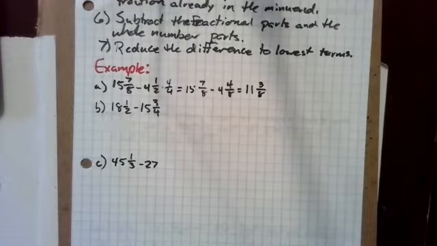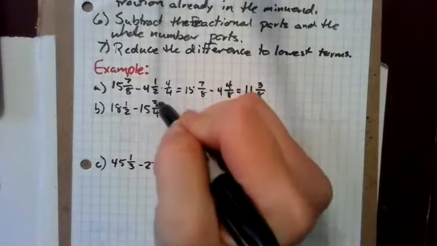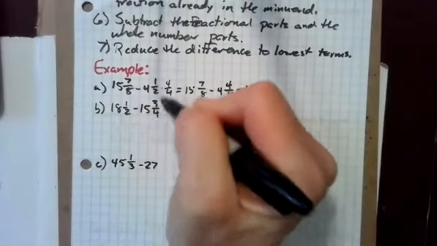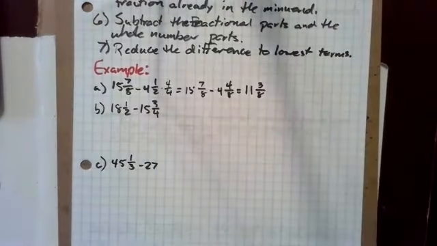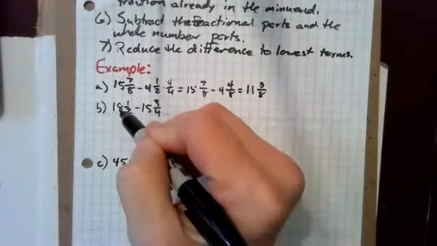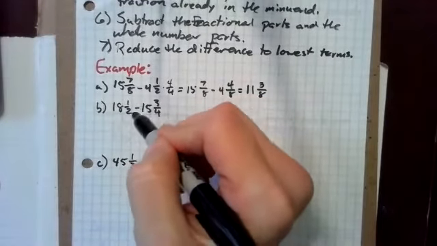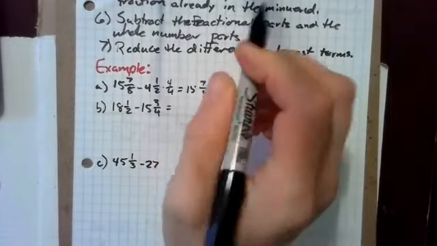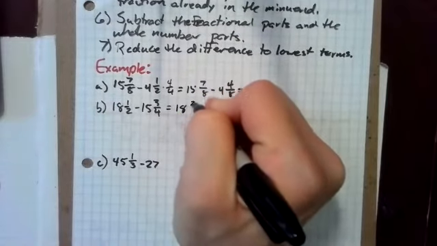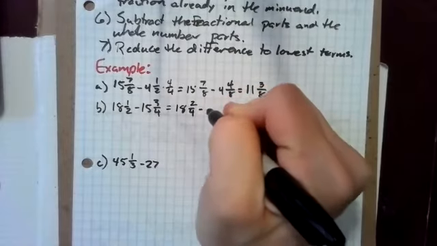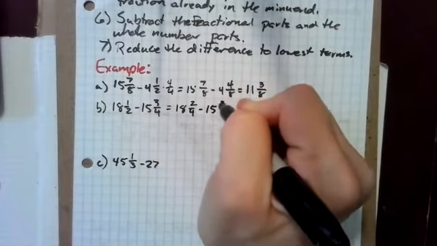For the second one, for B, we're going to have to do a bit more work, because the fraction in our subtrahend, 15 3/4, is larger than the fraction in our minuend. Let's change this to fourths, and we can see that pretty quickly. That's 18 2/4 minus 15 3/4.